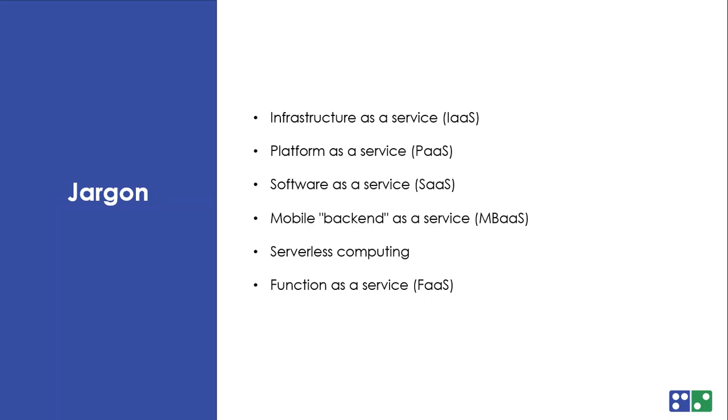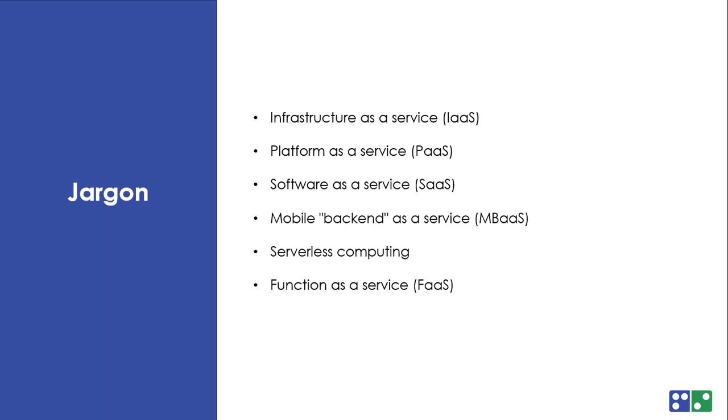So the jargon, the common things that you're going to be reading out there, or people are going to be dropping these acronyms in your conversations. The big ones are these AAS abbreviations. So you've got IAAS, PAAS, SAAS, and then BAAS, whatever you want to call it, and then serverless computing and function as a service, or FAAS.